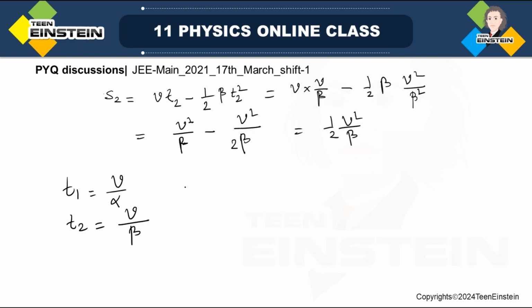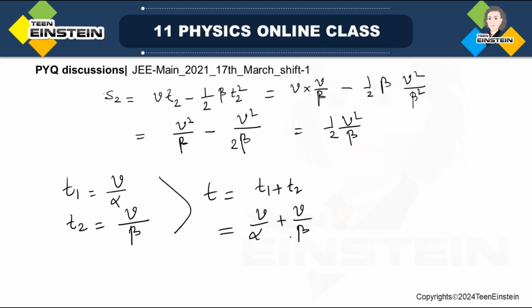So what is t? t is t1 plus t2, that is v by alpha plus v by beta, right?